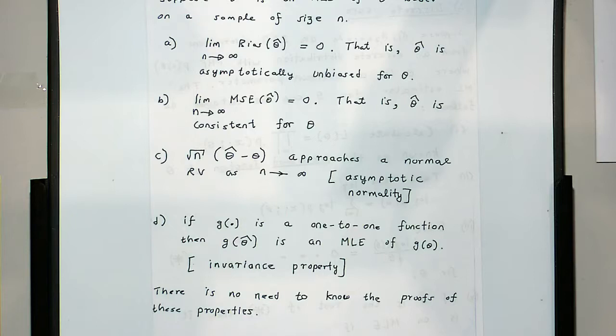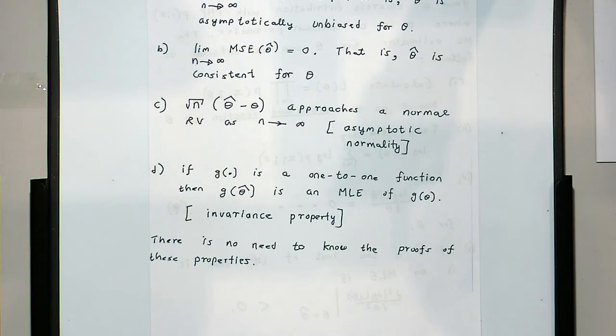The second property is that a maximum likelihood estimator is always consistent, which means that the limit of the MSE of the estimator is 0 as n approaches infinity, right?